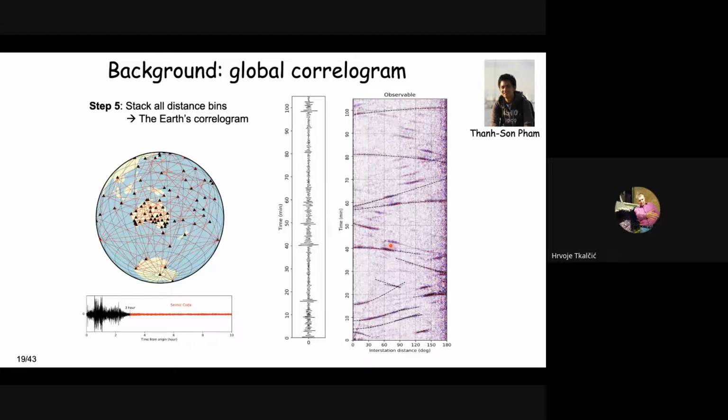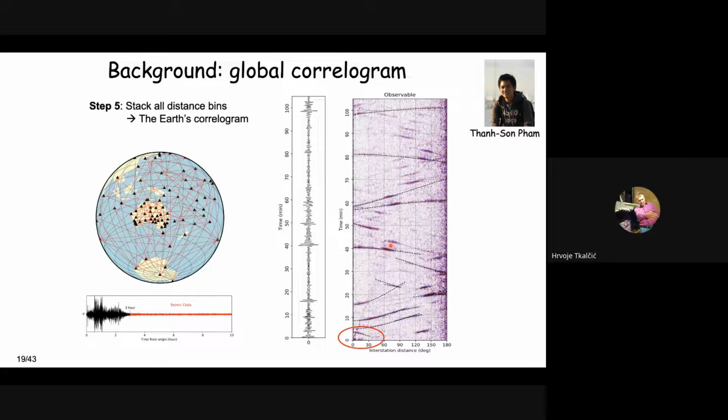I like to call it the fingerprint of the Earth, because you will see in the rest of my talk what we can learn from this global correlogram, which is based completely on similarity. You have to switch your brain from thinking about travel time sections to a mathematical wavefield, where every single feature that you see in this correlogram is due to the similarity of the waveforms.